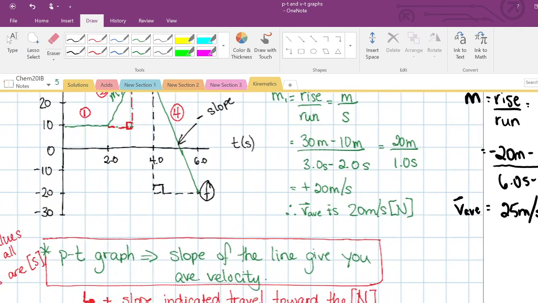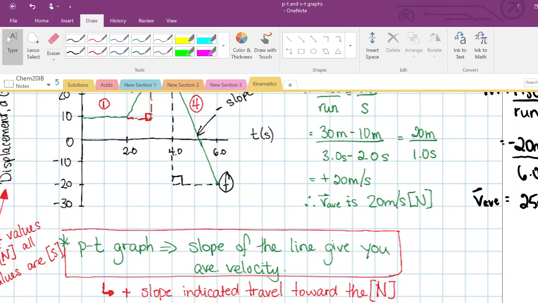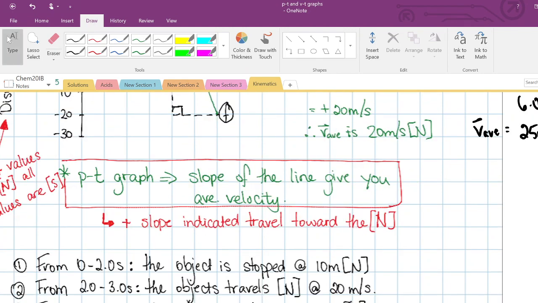Okay. So what we can do is we can figure out what is our velocity from 0 to 2 seconds. And if we run our slope calculation, I mean, it's pretty obvious, it's a horizontal line. So in this case, the object is stopped at 10 meters. So our velocity is 0 there. The object's not moving. From 2 to 3 seconds, we figured out that the object travels north at 20 meters per second.